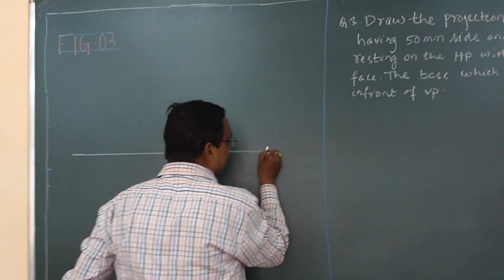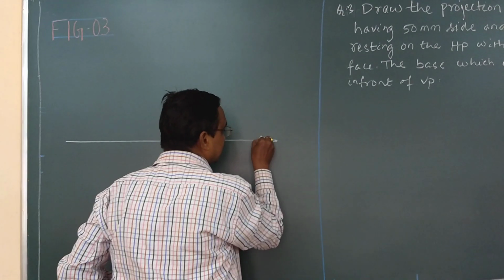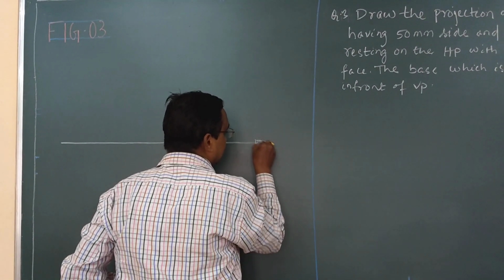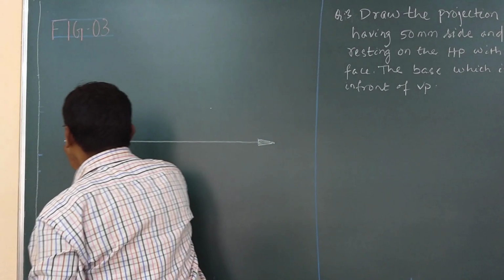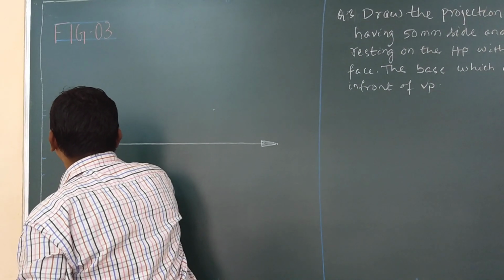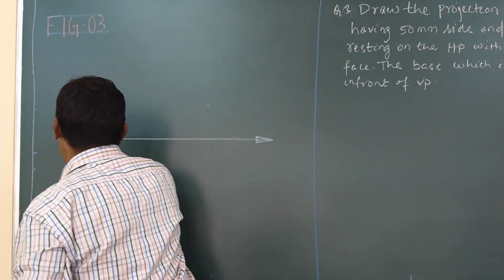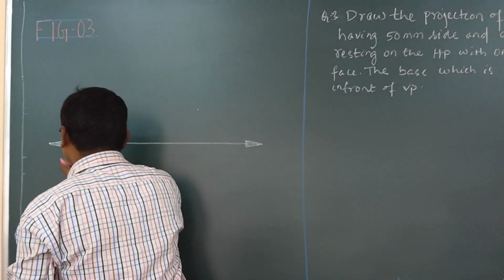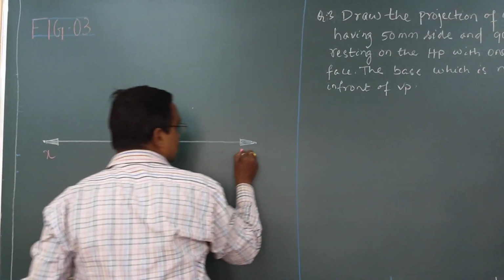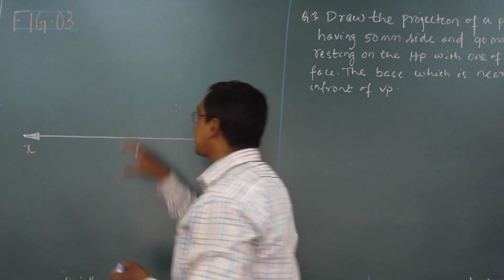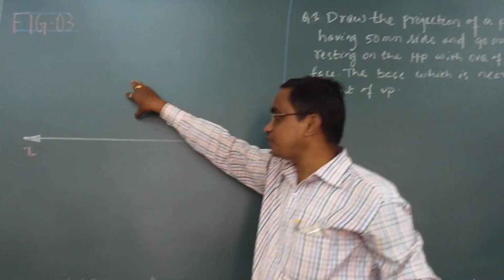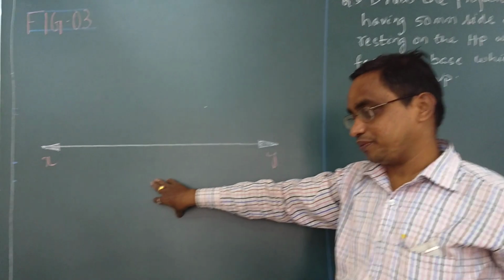Draw the same arrowhead and write small x, small y. This is the reference line xy. I will draw the front view here and the top view here.